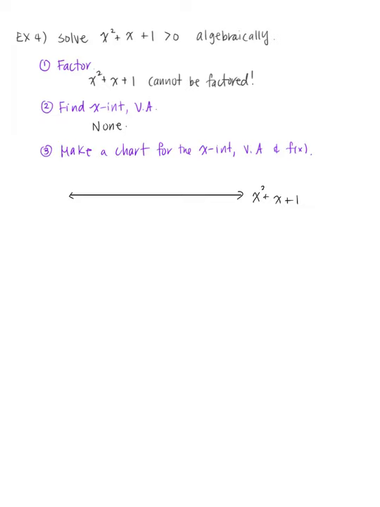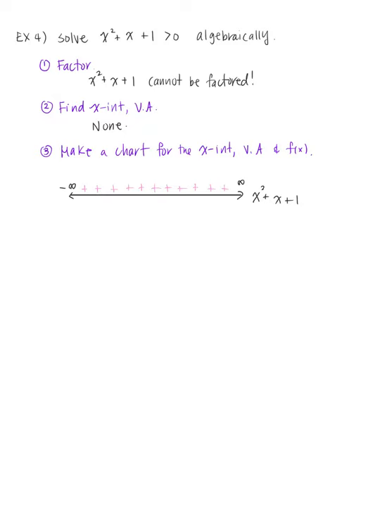There is no sign change from positive to negative or negative to positive. So pretend that this is the whole entire real line. Pick any number in between. How about a 0? 0 is always cute, isn't it? So if I pick 0 and plug it into our f of x, what do we get? We're going to have 0 squared plus 0 plus 1, which is positive 1. So no matter what, our sign is going to be positive on the whole entire real line.